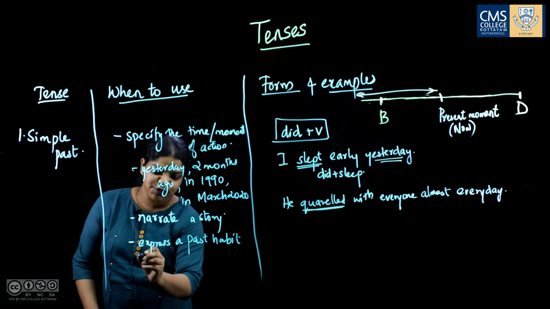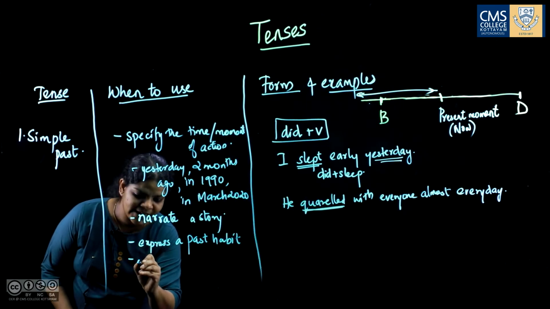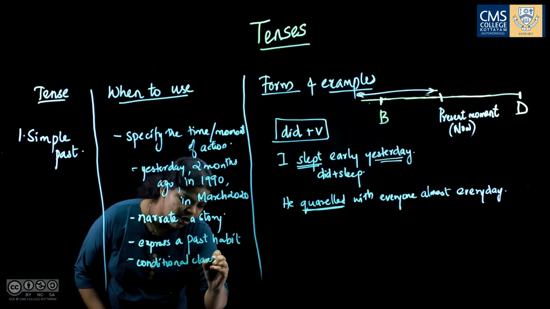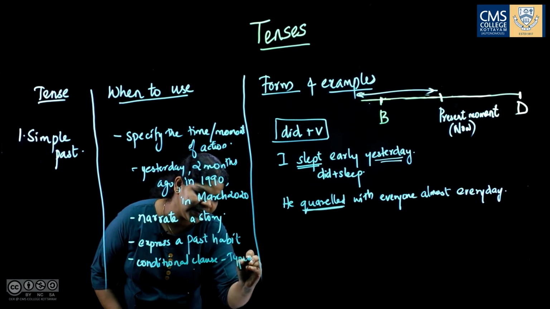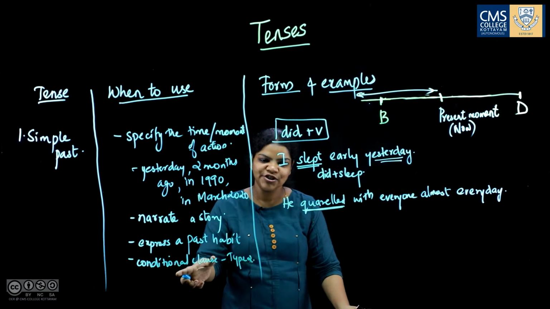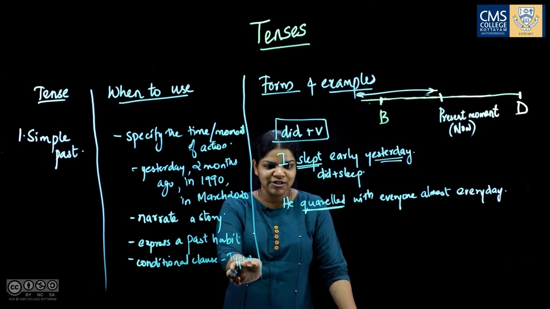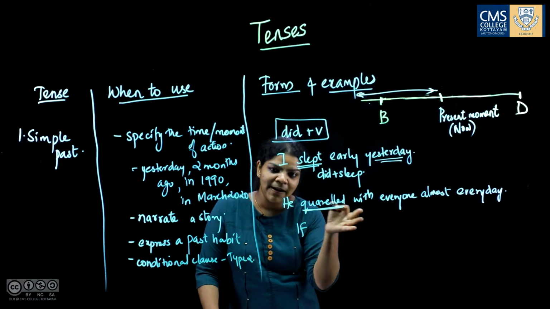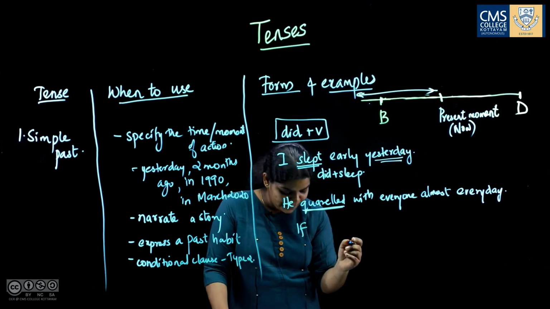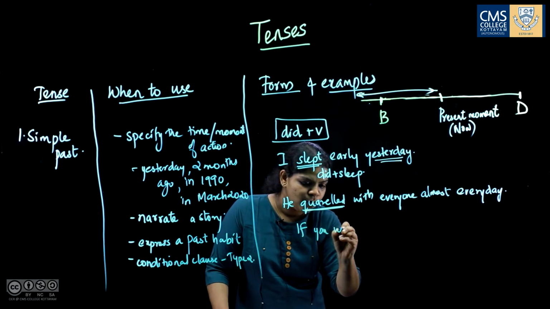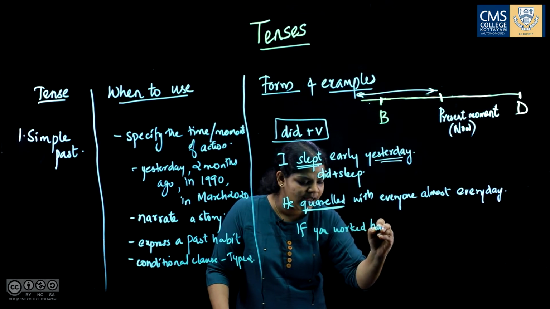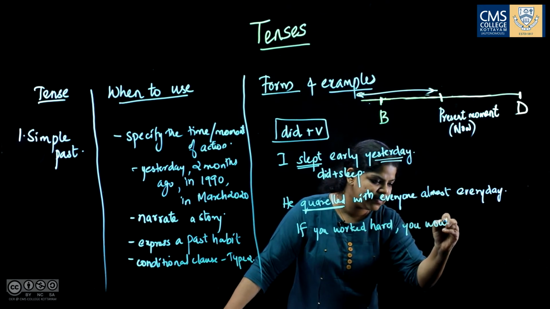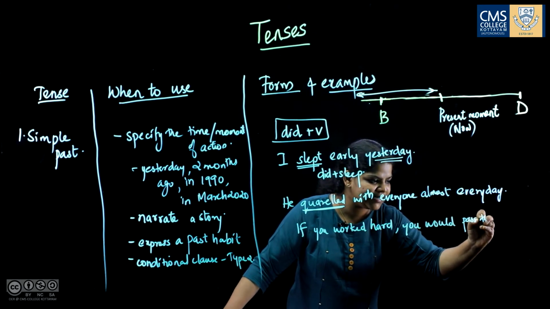Similarly, when you're using a conditional clause of type 2, you are yet to learn the conditional clauses, but the type 2 conditional clause is one where you use the simple past tense. For example, the conditional part of that sentence takes the simple past form. If you worked hard, you would pass the test.